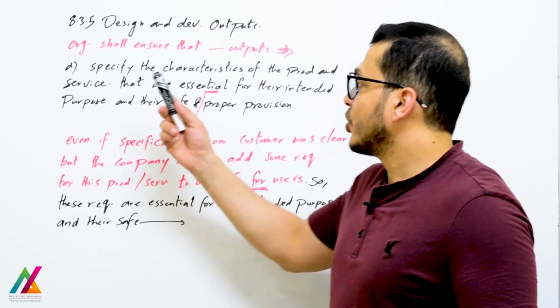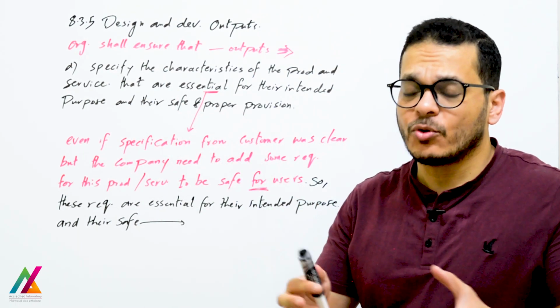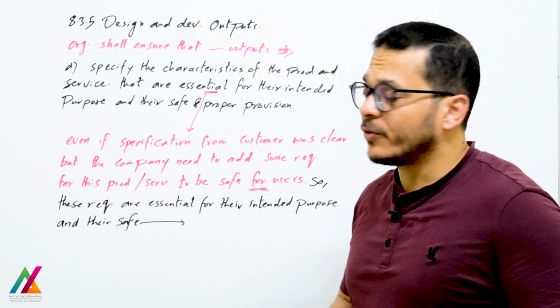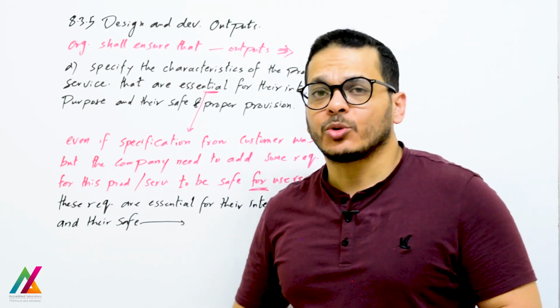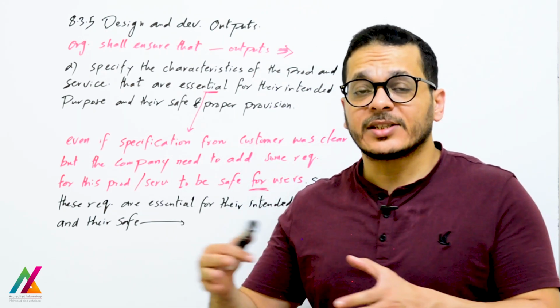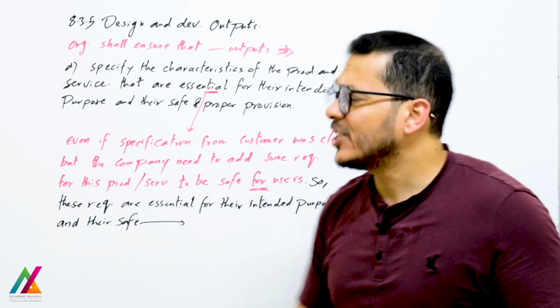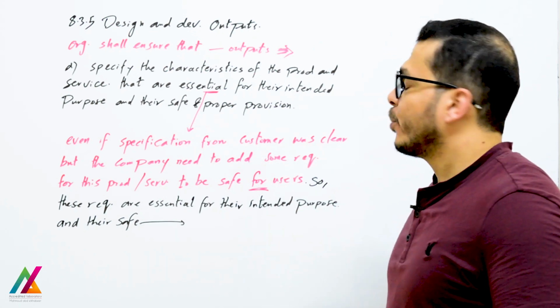And also the organization shall specify the characteristics of the product and service that are essential for their intended purpose and their safe and proper provision. The customer adds all of his inputs relating to this product or service, but the company, from their experience, knows that there are some other requirements which are essential for their intended purpose and their safe and proper provision.